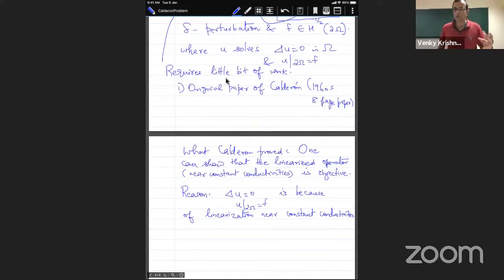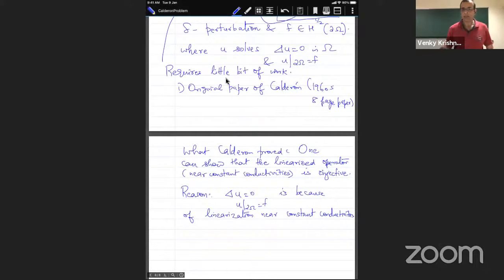Producing solutions for the conductivity equation in general is a very hard problem. But for constant conductivities, Calderon produced this ingenious solution that I just described earlier, and that's what he does to show that at least the linearized problem is injective near constant conductivities.